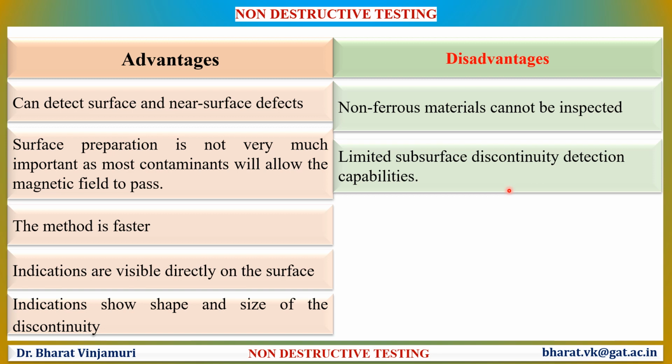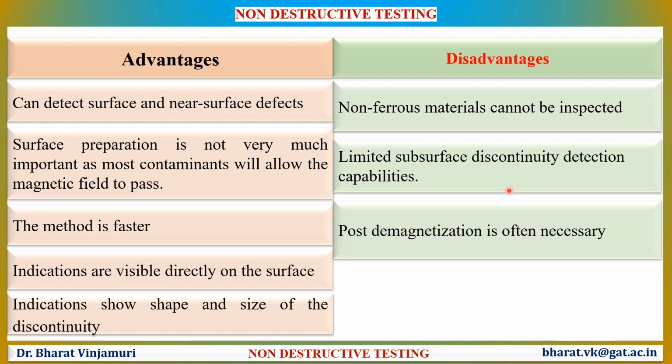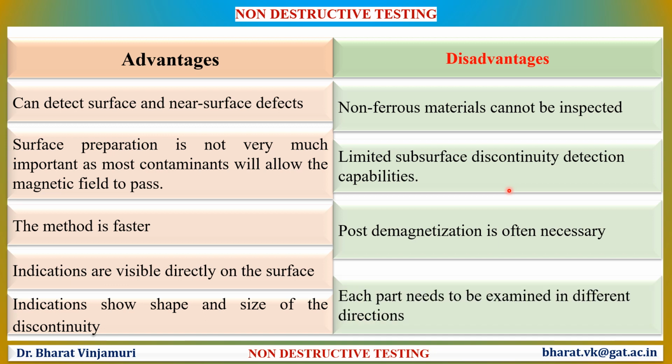If the crack is in between the component, this process cannot identify such cracks. The post-demagnetization is often necessary during this process, and most importantly, the part has to be examined in different directions to detect the cracks which are perpendicular to the magnetic field.